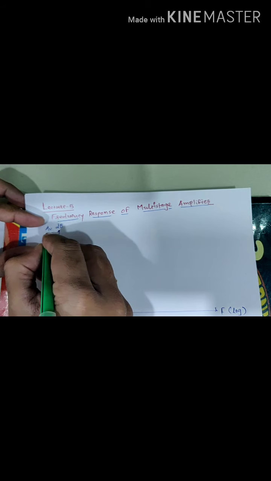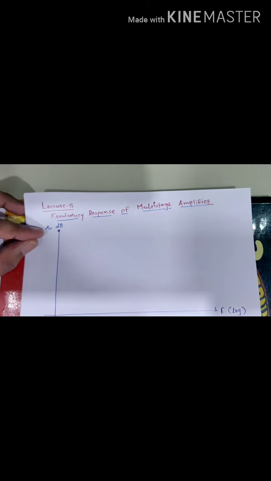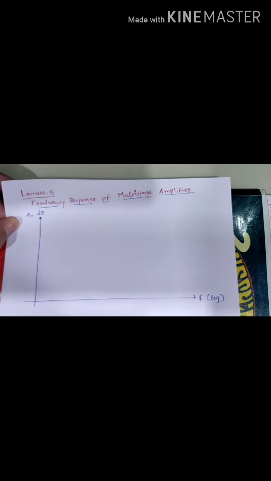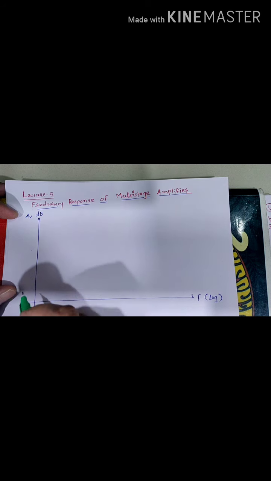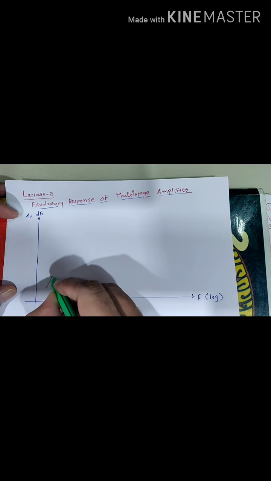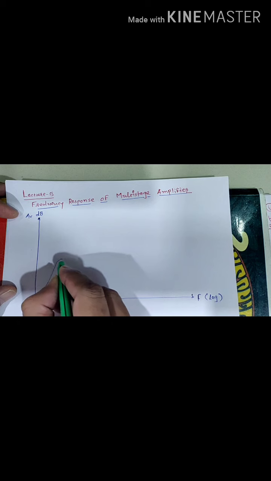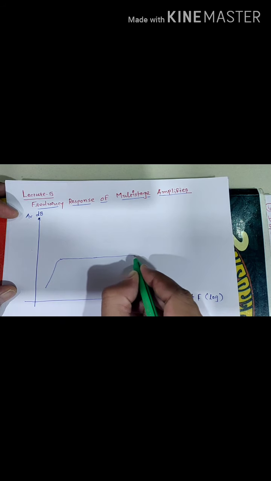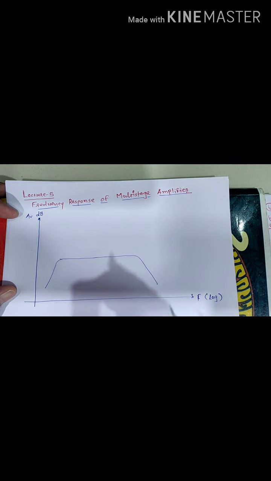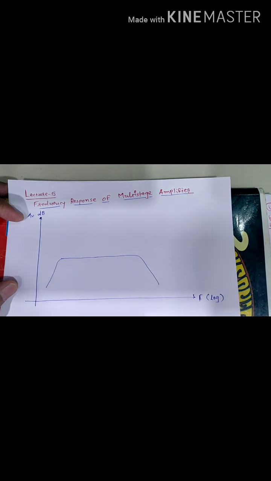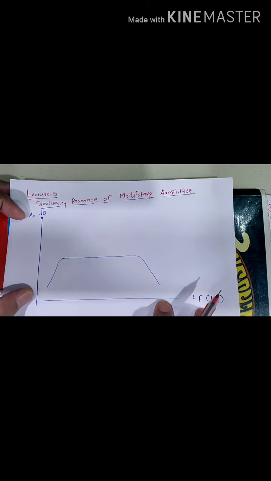This is a voltage gain, which we have denoted with AV. I have drawn one response, which is nothing but the frequency versus gain response of an amplifier.